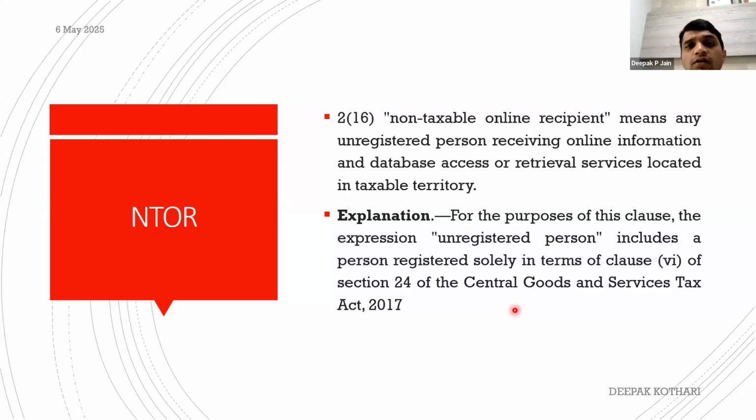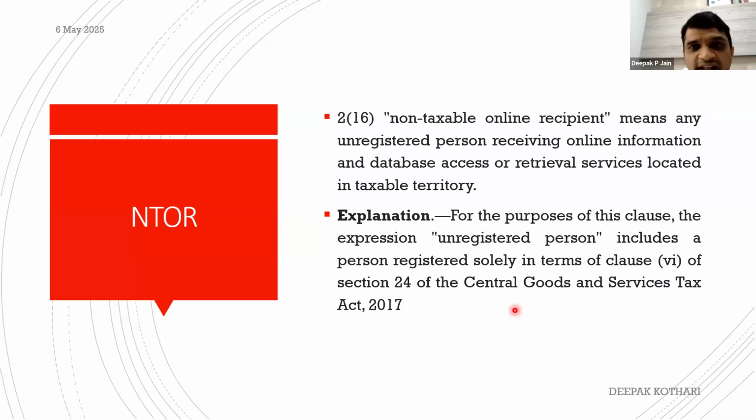Now we are also discussing the definition of non-taxable online recipient, because we said that when the supplier is outside India and the recipient is a non-taxable online recipient, then the tax has to be paid by the OIDR provider itself. It should be paid by the service provider itself. So, what is this non-taxable online recipient?